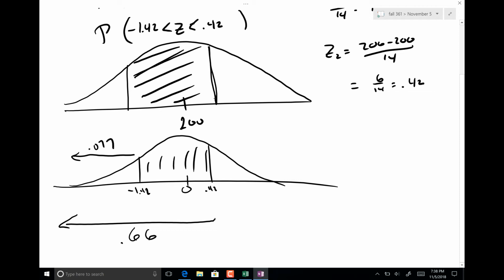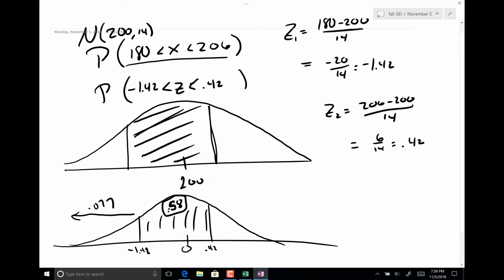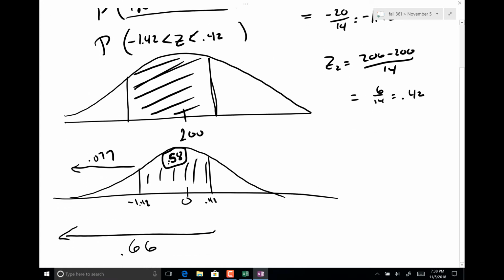So if you want the difference, just subtract the two things, yes? So we said the answer should be 58%. In other words, 58% of all the men in this group will weigh somewhere between 180 and 206.